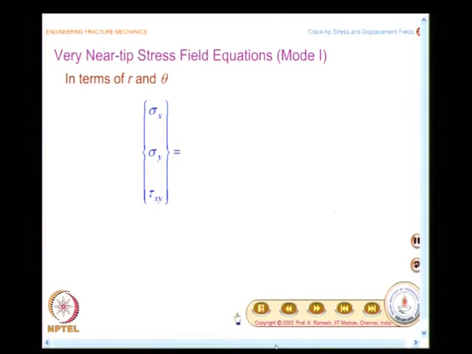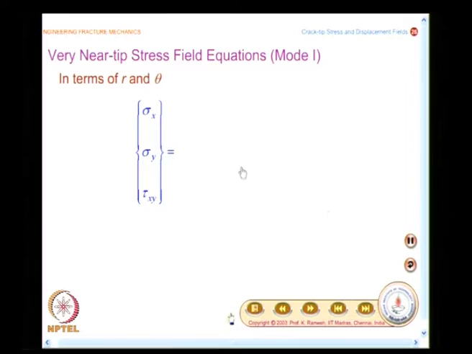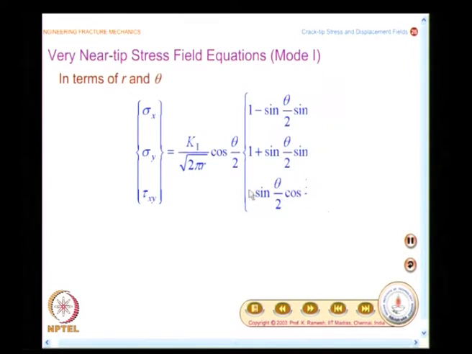With such an expression, it is possible for me to get the stress field, and the stress field is given in terms of r and theta, and it is as follows.